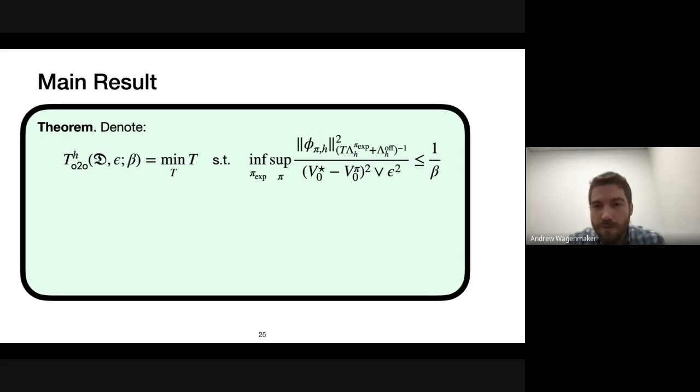If we're in a scenario where we have really good coverage from the offline data on the near-optimal policies, which is the case when this gap is really small, then this constraint is actually pretty weak. For these policies where the gap is small, you don't need to collect any online data.